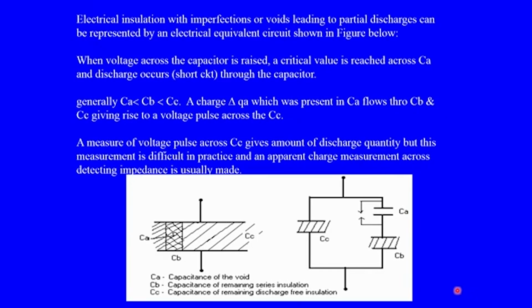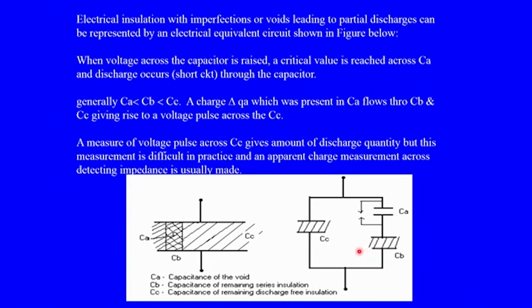How are partial discharges estimated or calculated? In electrical insulation with any imperfections, which is not properly done or contains voids, this could lead to partial discharges. The insulating material could be represented by a simple equivalent circuit, as shown in the figure below.